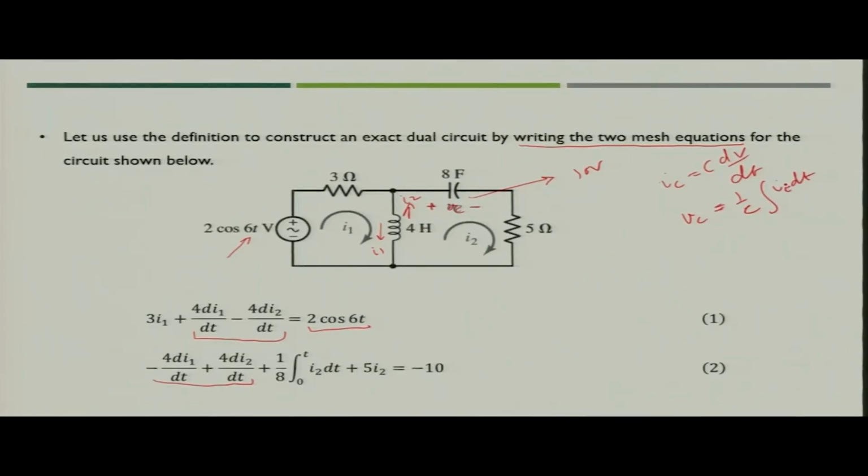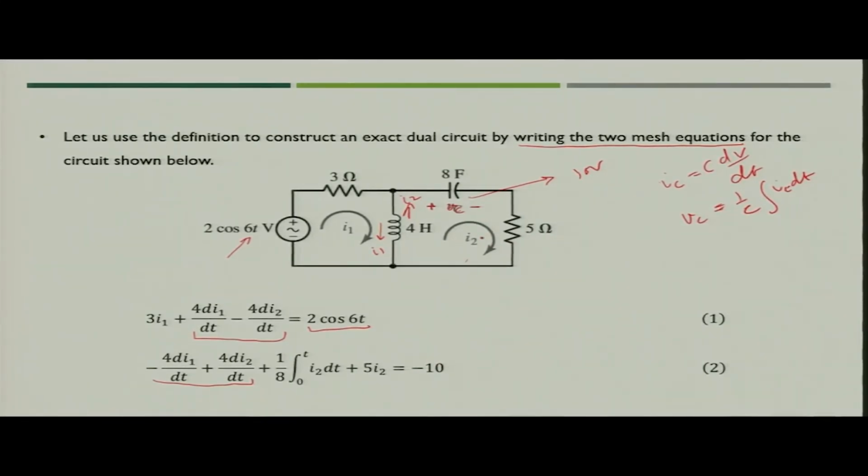In this case, the value of voltage would be 1 upon 8 integral from 0 to t of I2 dt, which is the voltage across the capacitor, plus 5 times I2 for the 5 ohm resistance, and then equal to minus 10. Why minus 10?